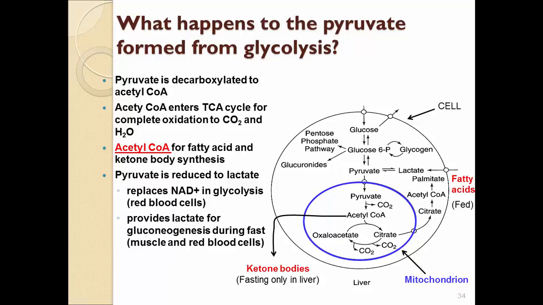We're going to talk about that later. And acetyl-CoA can also be produced from lipid and fatty acid oxidation, and amino acid oxidation, right? So it connects all three macronutrient metabolisms.